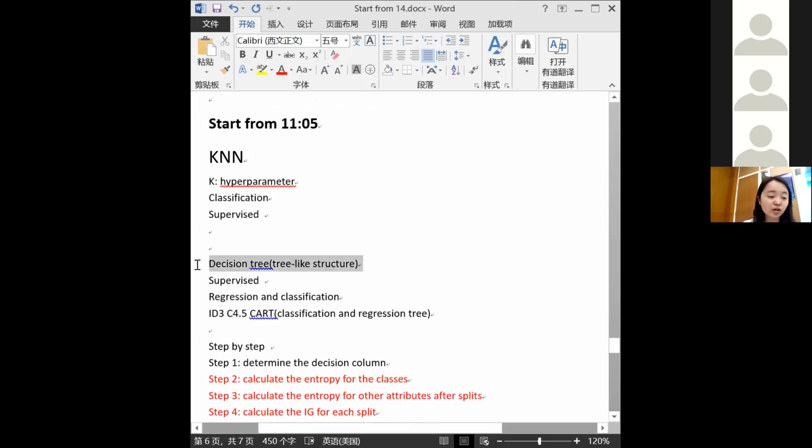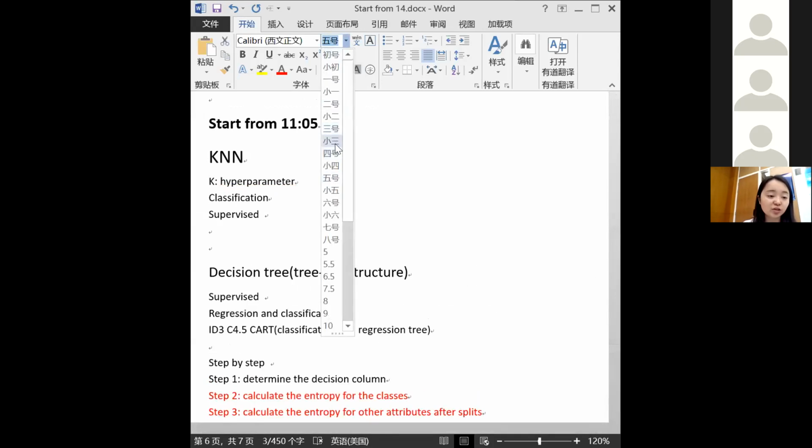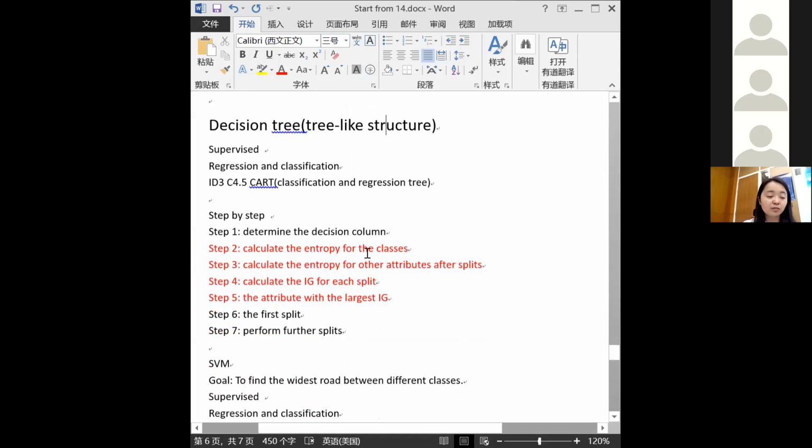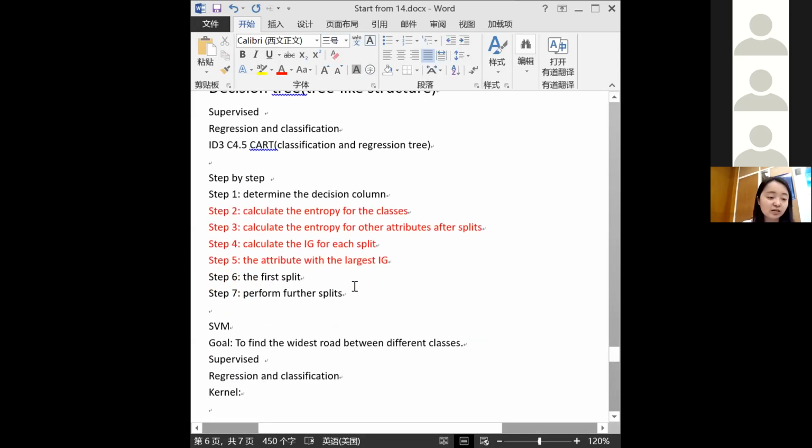And then we talk about the decision tree. For the decision tree, it's a tree-like structure. The most important thing for the decision tree is to find the best attributes to split these samples into different sub-trees. And here is an example of decision trees step by step.